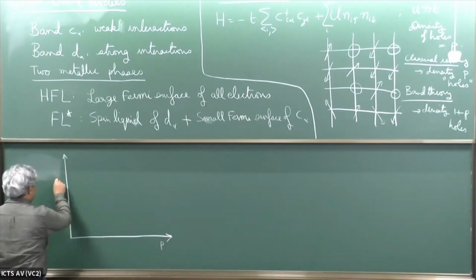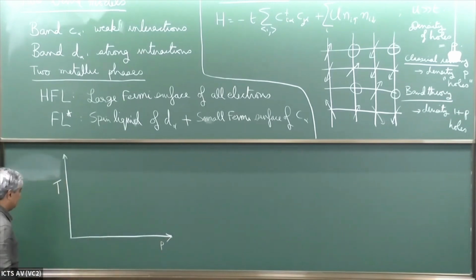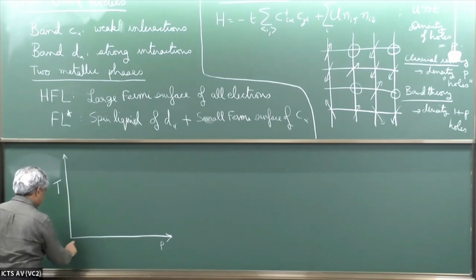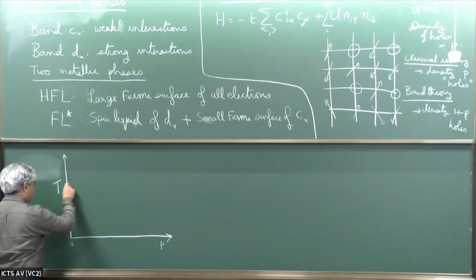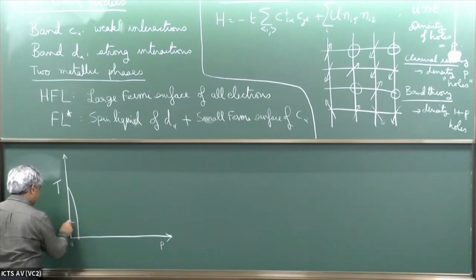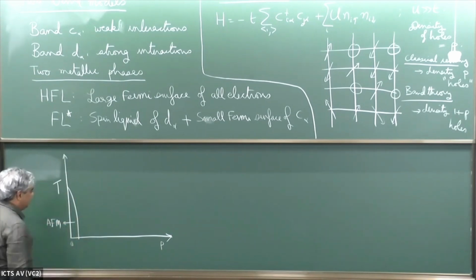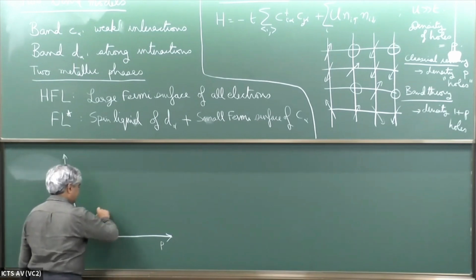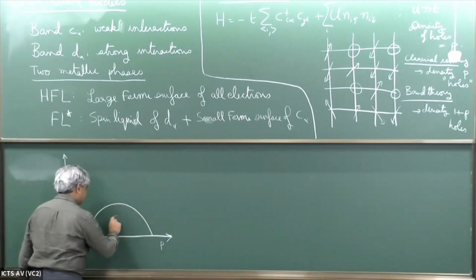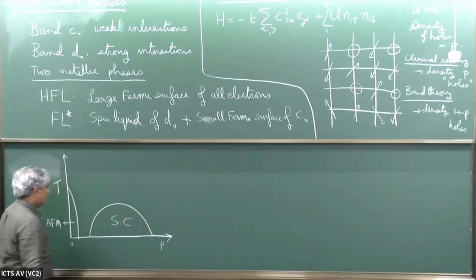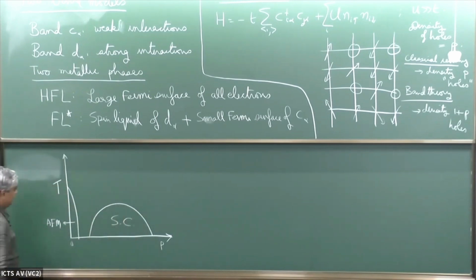So this is the famous phase diagram of the cuprates. At p equals 0, you have the antiferromagnetism, which just disappears fairly quickly. So I won't say much about that. Then, of course, here's the famous dome. This is the superconductor. And I won't say anything about that today either.